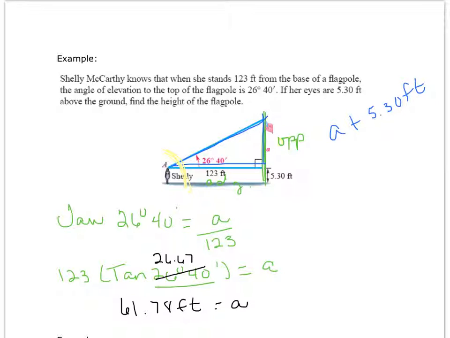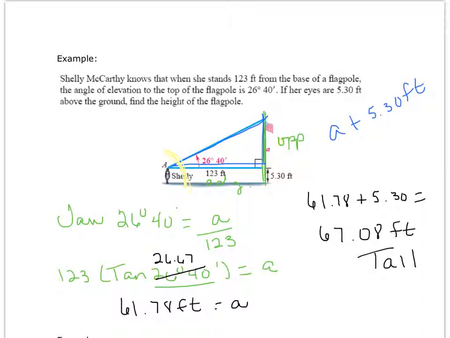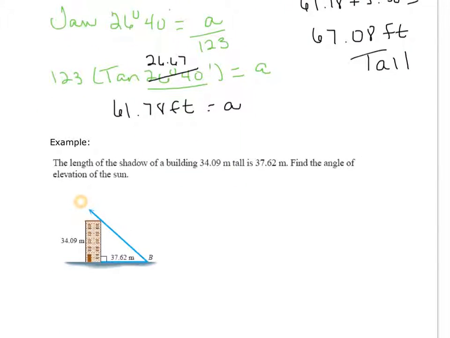But that's not what it asked, so we need to go back in and add 61.78 plus 5.30, and when you get that all done, it's 67.08 feet tall. Again, that problem shows up on just about any standardized test too.